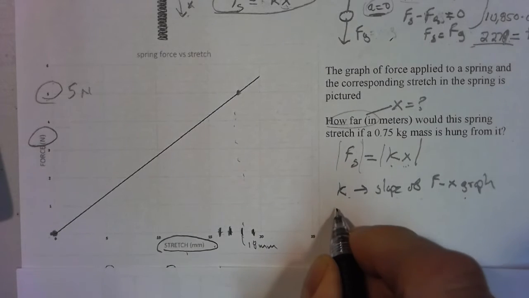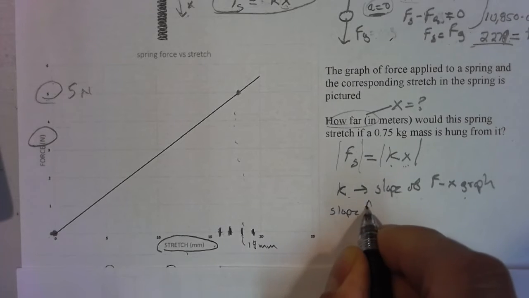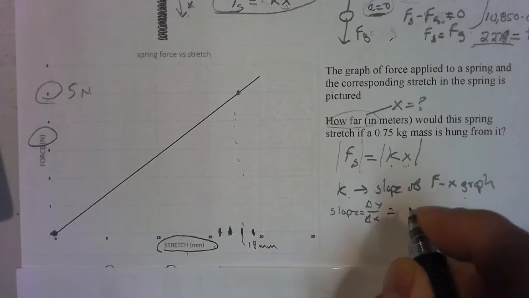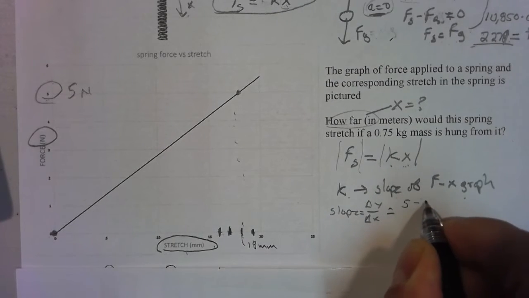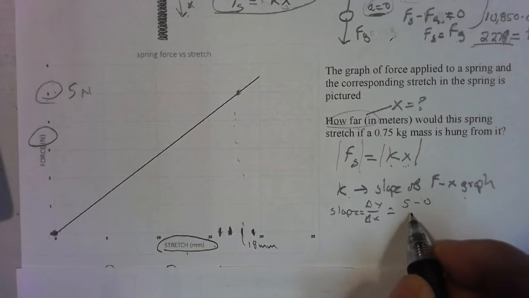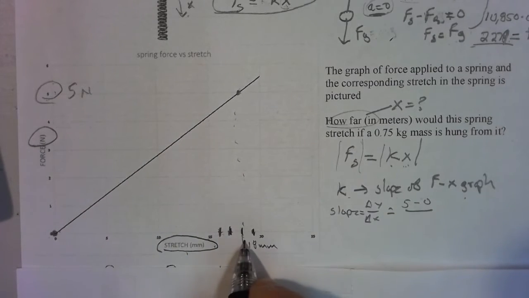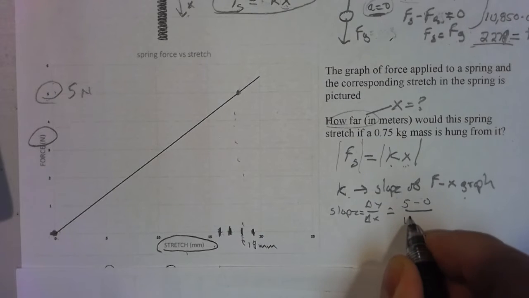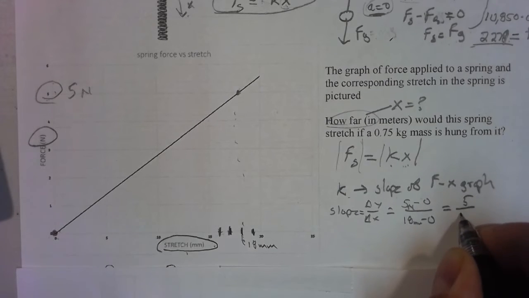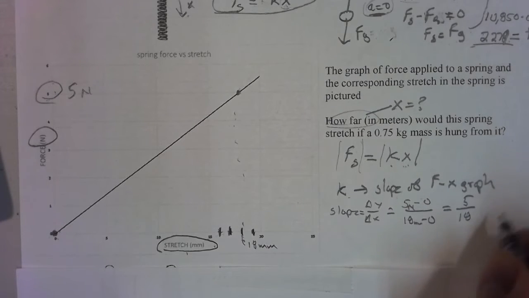So my slope is the change in the y-axis over the change in the x, which is 5 minus 0 divided by 18 minus 0, 18 millimeters minus 0. So it's going to give me 5 over 18, but that's newtons per millimeter.